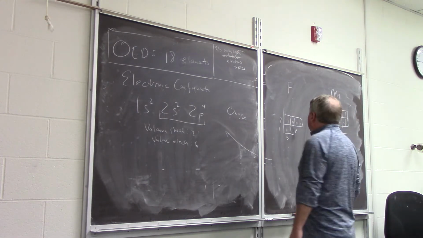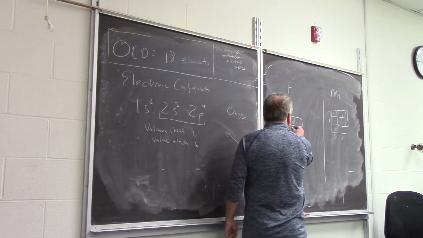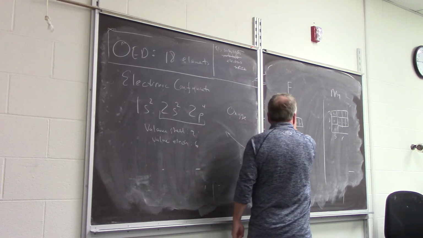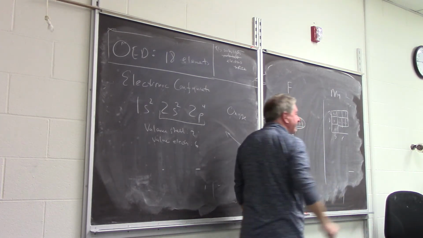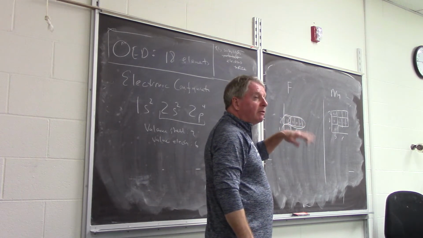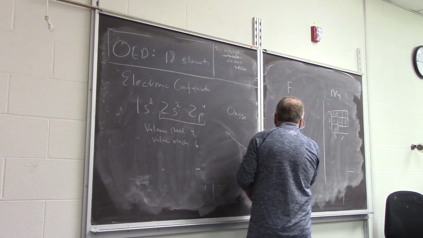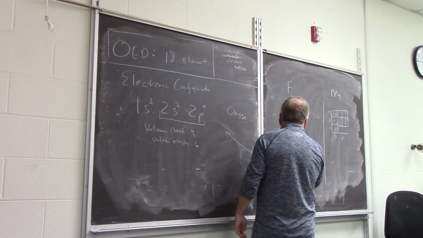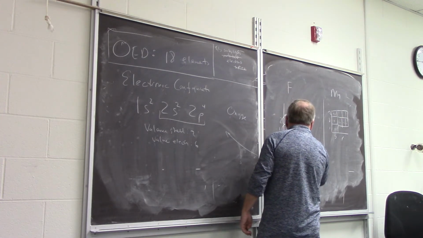What I'm gonna do is circle the subshells. So don't just circle the individual orbitals, and then write down what they have: 1s, 2s, and 2p.